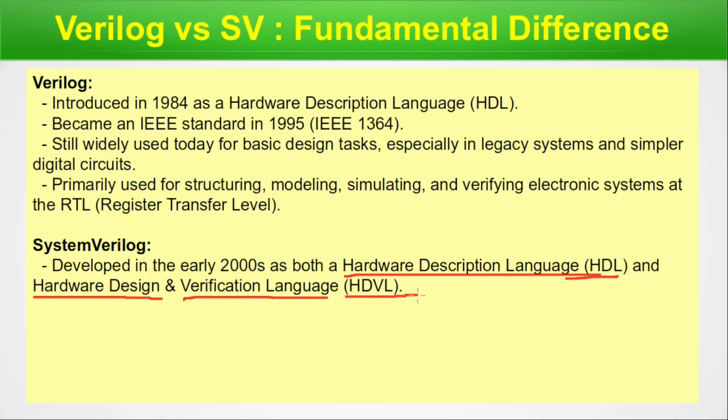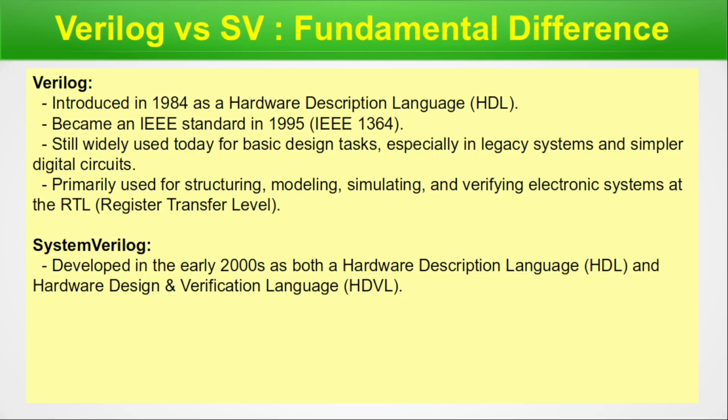SystemVerilog was created in the 2000s to not only describe how circuits work like Verilog, but also to test and verify them. It combines design and testing in one language. Hence, it is called HDVL, unlike Verilog, which is called HDL. You can see the V is missing in HDL. That means the verification part is missing. And this verification part makes SystemVerilog much more vast than Verilog.